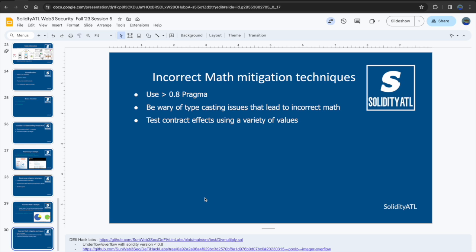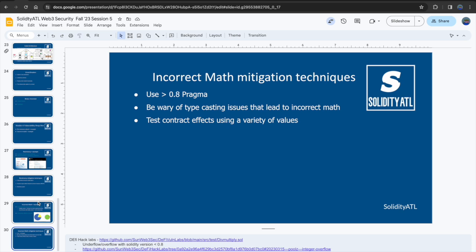Let's look at incorrect math mitigation techniques. As we first talked about, integer overflows and underflows used to be fairly common, but because of the Solidity pragma being updated, it's typically not a problem anymore. That used to happen a lot, where integer overflows would really mess up the math of a decentralized application that's using swaps or dealing with users' tokens.